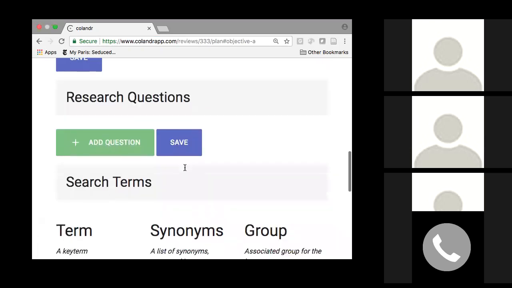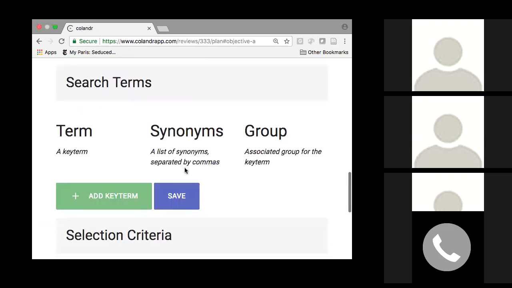So if you scroll down to this section that says search terms, this is where you can start developing your search string. So I'll give you guys a little primer on developing search strings, and then I think we'll just go over that document. One of the documents I sent you guys in the chat window and also in the invite, that was a Google Drive link to an Excel spreadsheet. We'll go over that in a minute, or maybe after the primer.